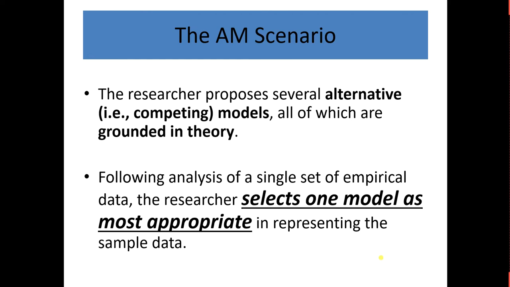So I will draw three boxes in one line, and then I will put one arrow from lifestyle to stress and then another arrow from stress to health. Now you see there are three alternative models involving the three variables. So this is the alternative or competing model scenario.